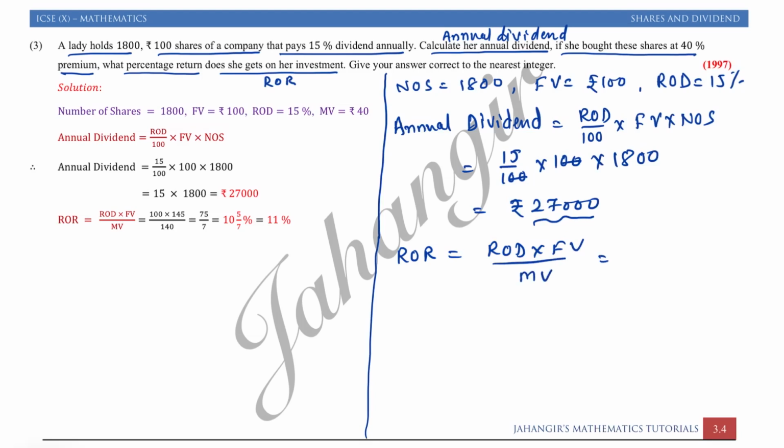So ROD is 15%, FV is 100, upon MV. It is given that the shares were bought at 40% premium.